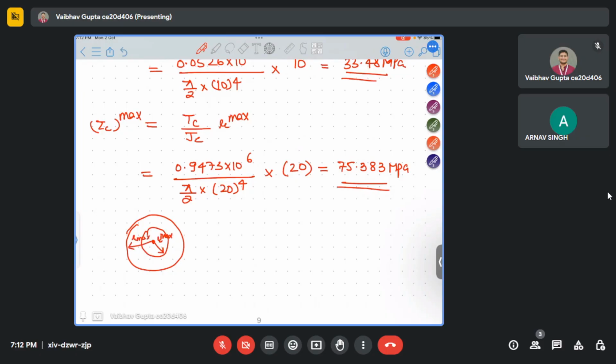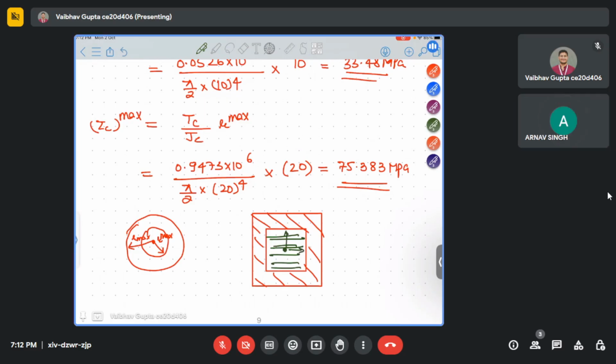Understood? Suppose a square has been given to you. The wire is in the shape of this. Suppose this is copper and this inside is brass. What is the maximum radial distance? This one or this one?